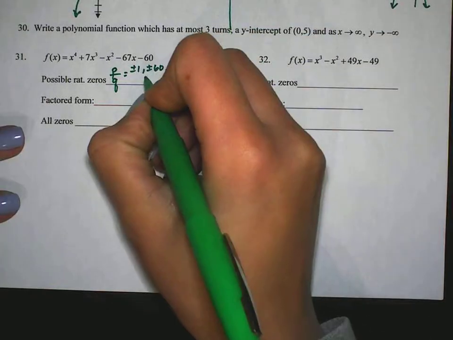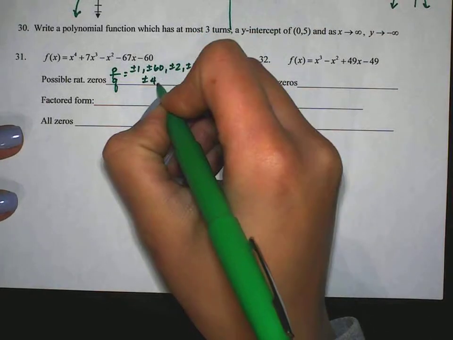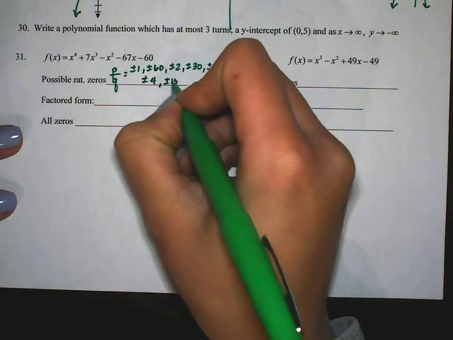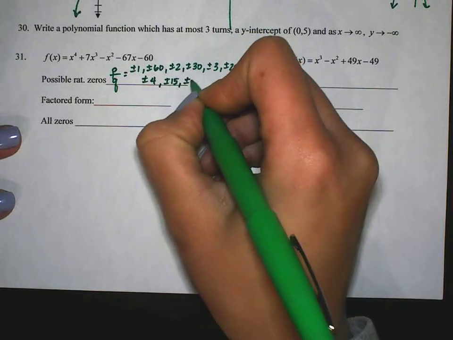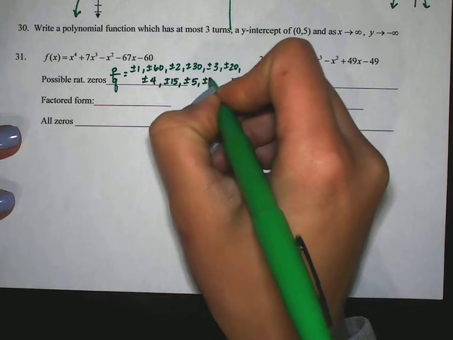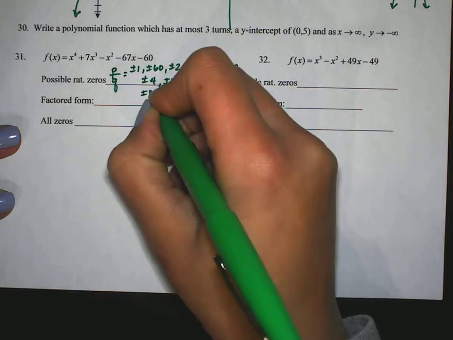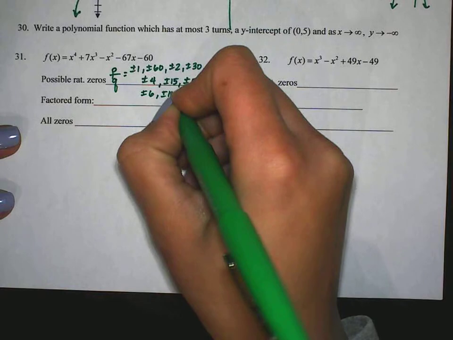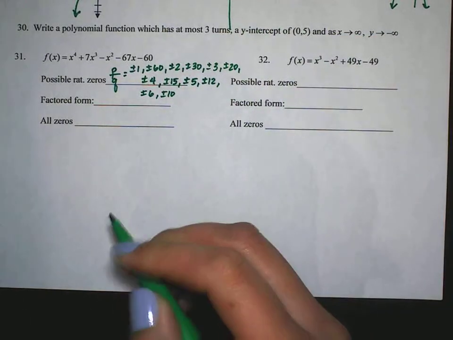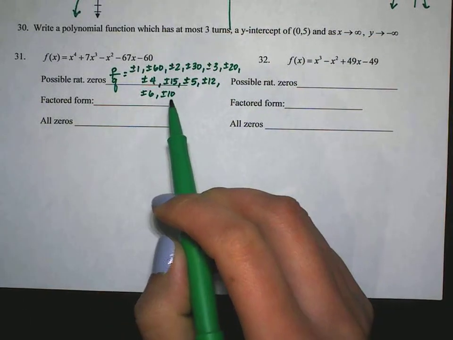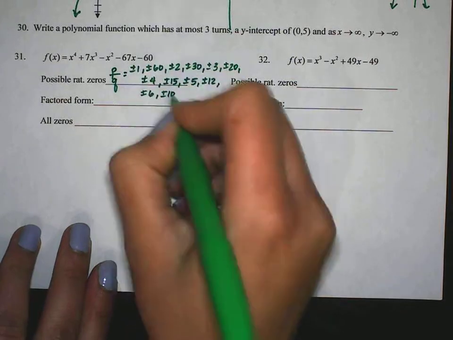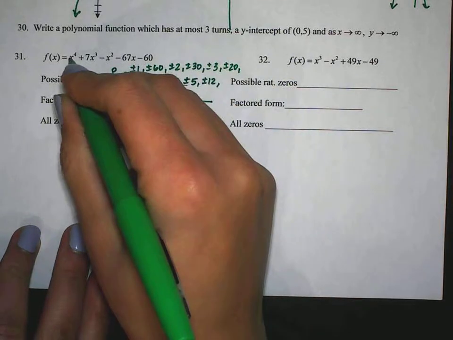What else is there? 4 times 15, 5 times 12, 6 times 10. And I believe that's it. Okay, that's all for P.